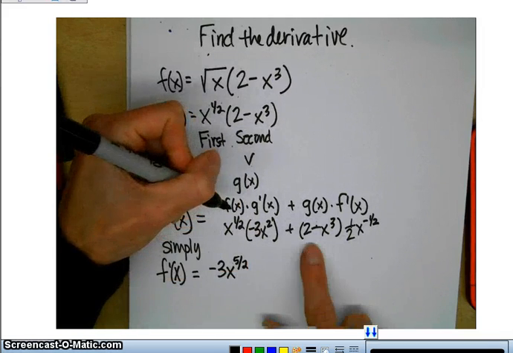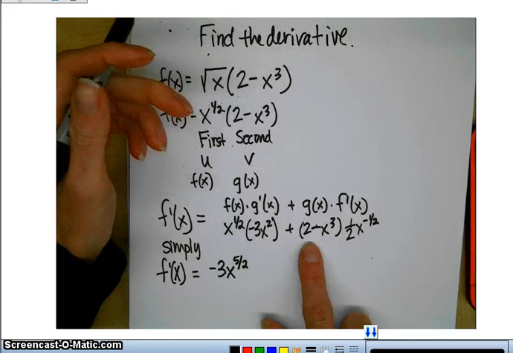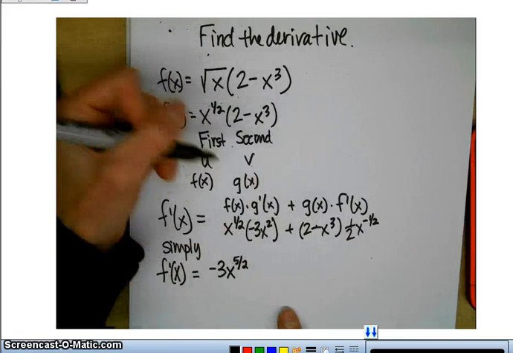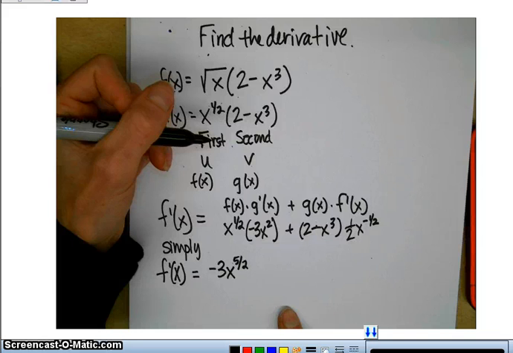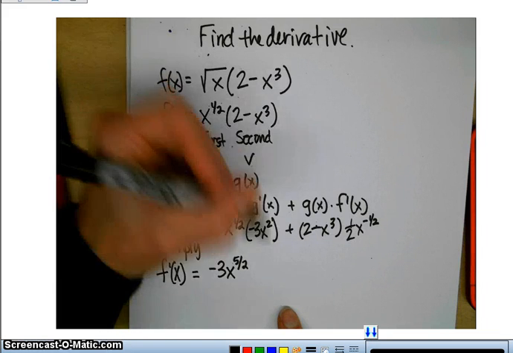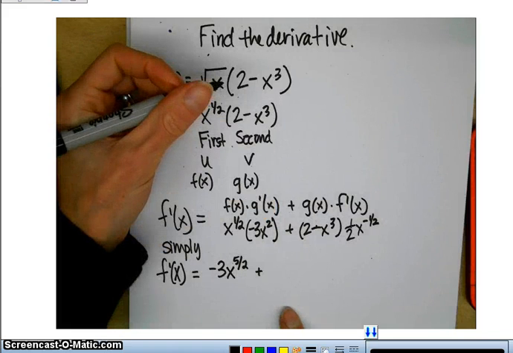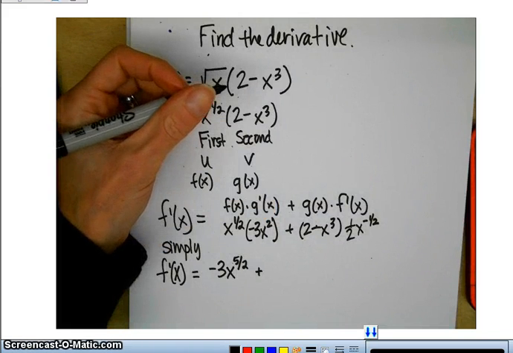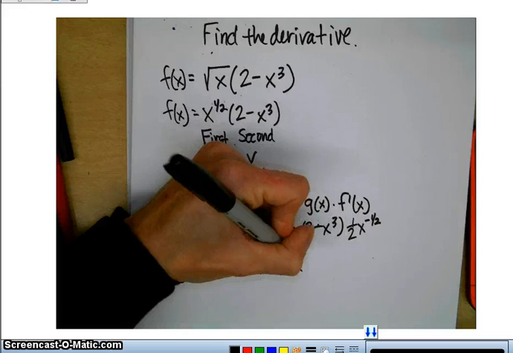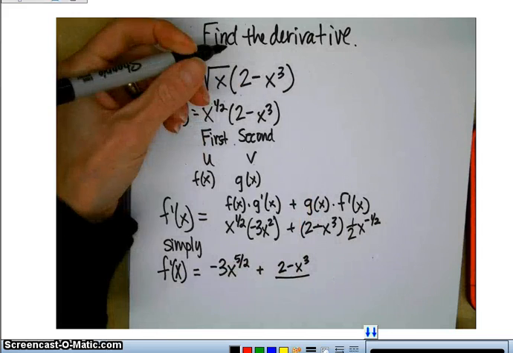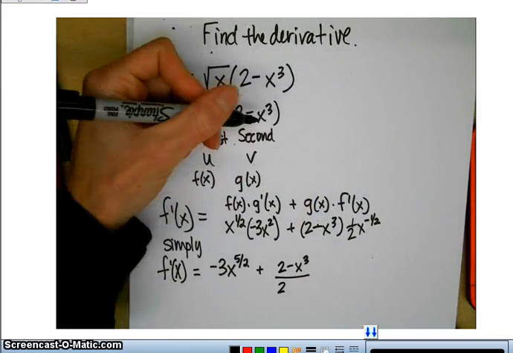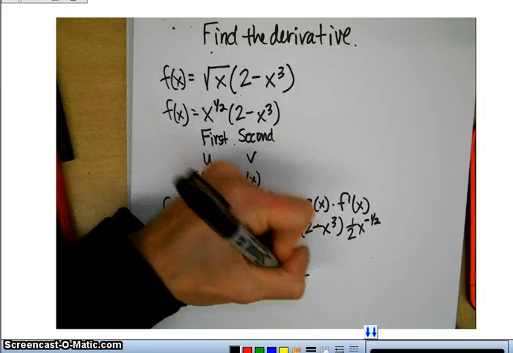Okay? Now here, well, what's on top? What whole thing? 2 minus x cubed is on top, and what's on the bottom? 2 and x to the what power? 1/2.